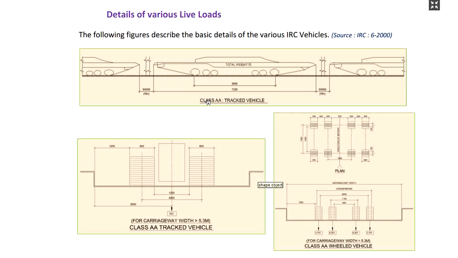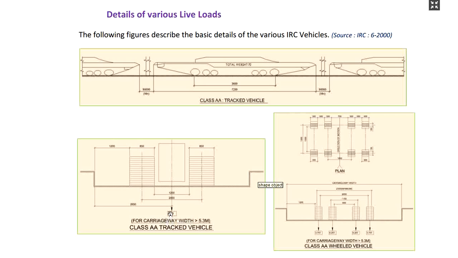Now what they are giving is this kind of shape, and for its width, they are providing 3.6 meter as the width of the wheels, and the total width is 7.2 meter. Minimum this much distance should be kept, and this is the longitudinal cross section. In the same way the cross section has been provided, where the center to center distance between the tracks is 2.05 if we take the track vehicle.